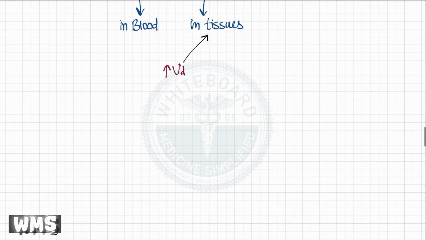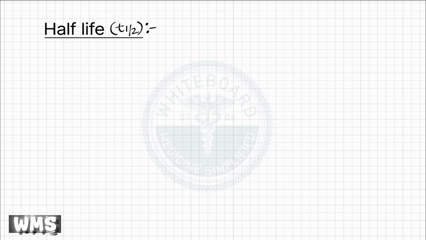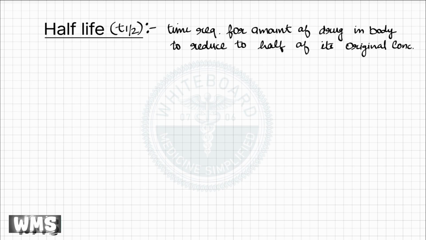Next is half-life, which is defined as the time required for the amount of a drug in the body to reduce to half of its original concentration. In other words, it is the time it takes for 50% of the drug to disappear from the blood. Half-life can be calculated by the following equation.